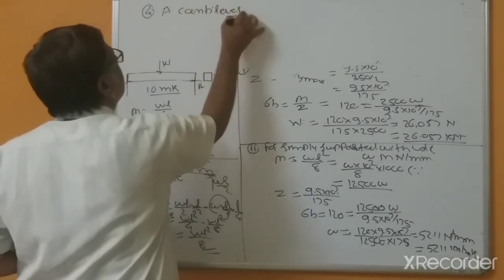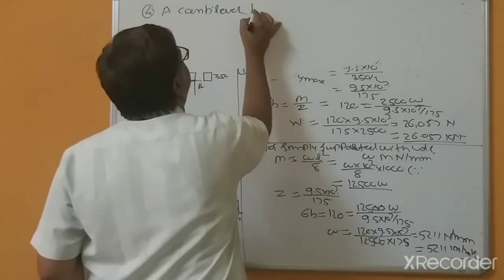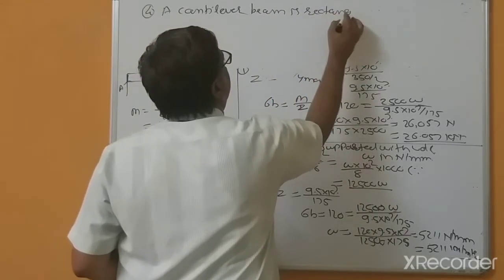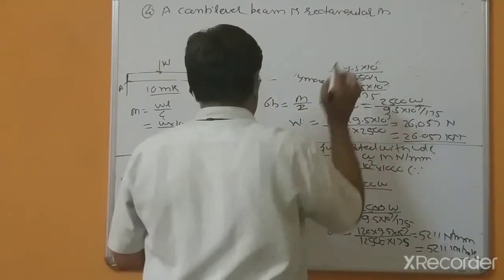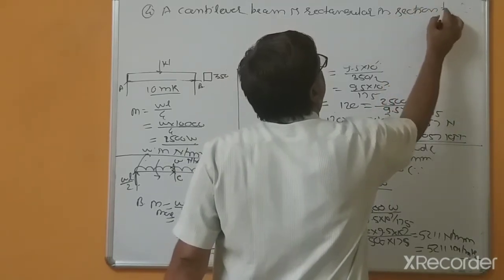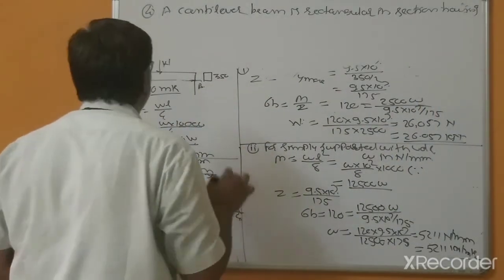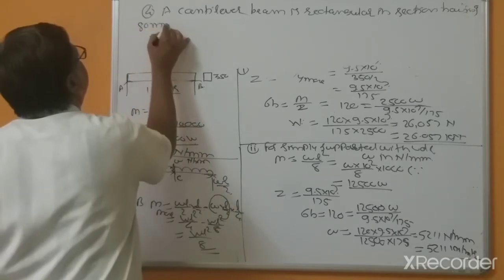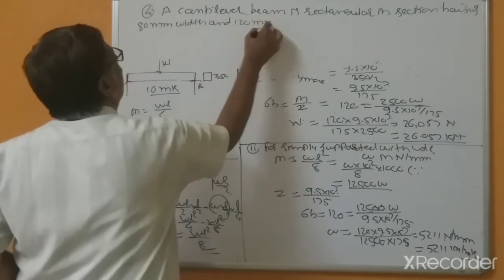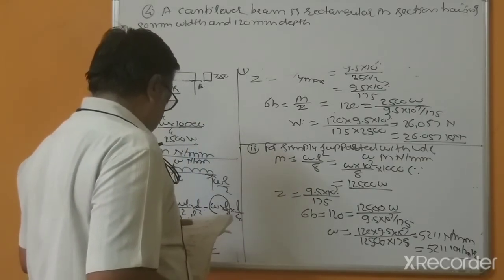A cantilever beam is a rectangular section having 80 mm width and 120 mm depth.